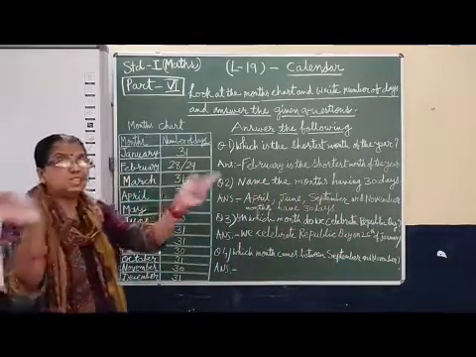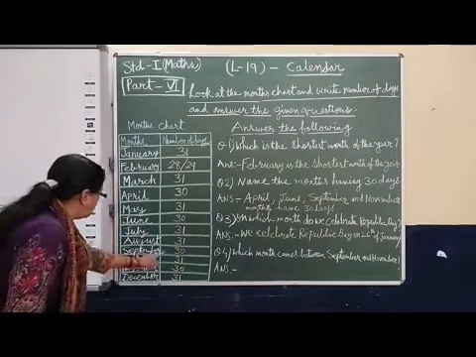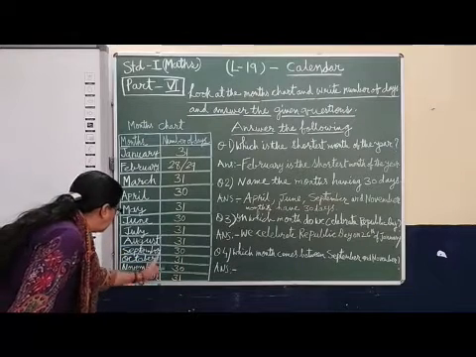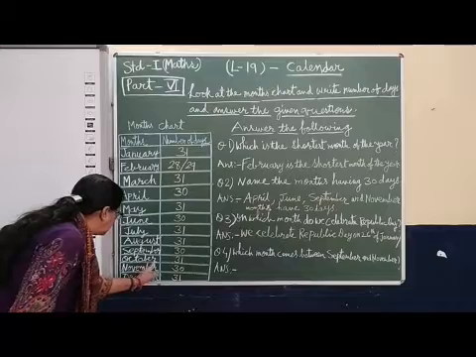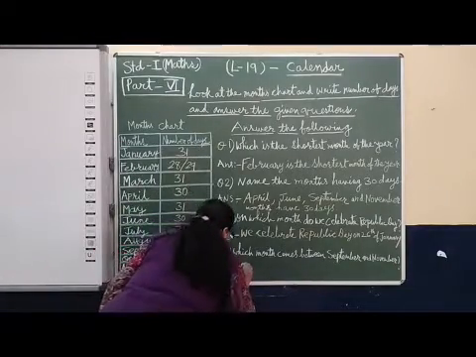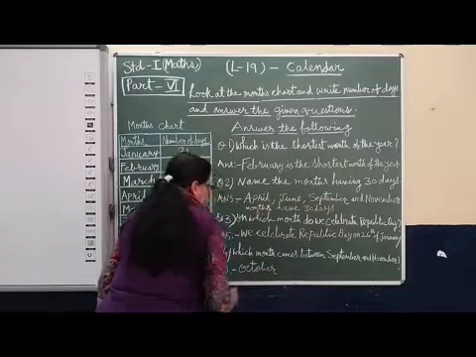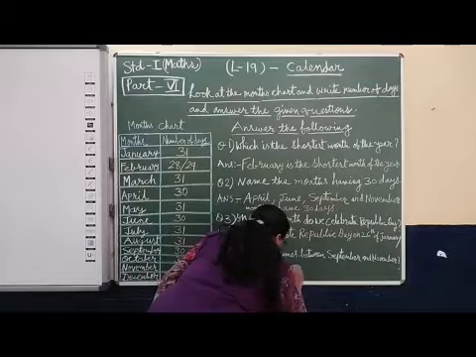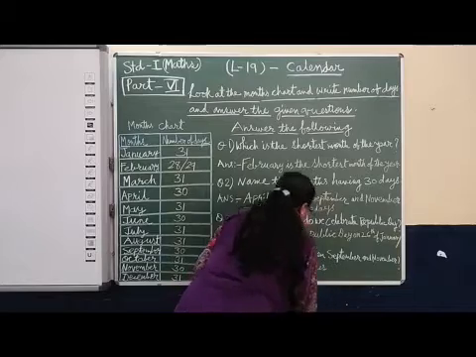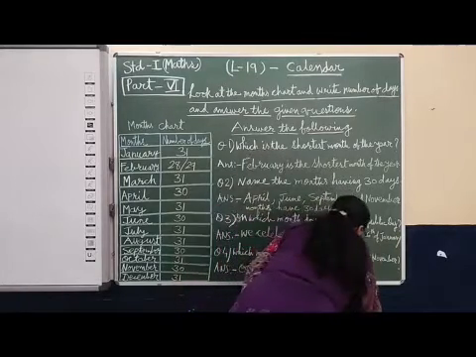Now between means middle. So let's see where is September. You can see here September and November. So between September and November which month is coming? October. So we'll write here October month comes between September and November.